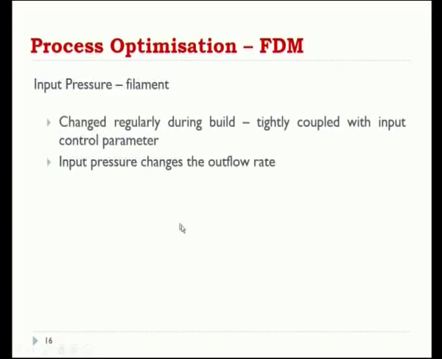Okay, input filament. As I said, what is the problem? I am giving an input like a filament. It is going to have a phase change and then come out of an extruder nozzle. What are the problems if there is a change in the input pressure? I am giving a filament of thickness, say, less than a centimeter.